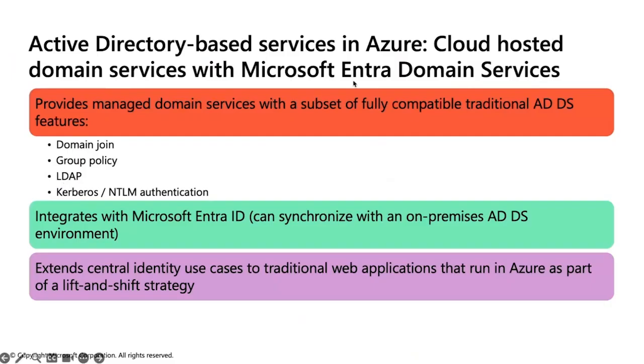For that, we have Microsoft Entra Domain Services that we deploy in the cloud, and then we register the migrated application with this service to achieve compatibility. So for a lift and shift strategy, this is very helpful. If you have any traditional web application or business application that you want to use in the Azure environment, we can consider using Microsoft Entra Domain Services.